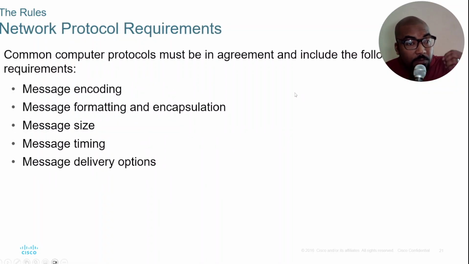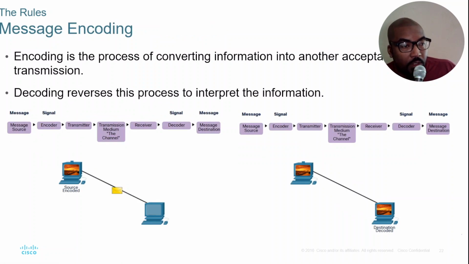Network protocol requirements. Common computer protocols must be in agreement and include the following requirements: message encoding, message formatting, encapsulation, message size, message timing, and message delivery options. Message encoding. Encoding is a process of converting information into another acceptable form of transmission. Decoding reverses the process to interpret the information.